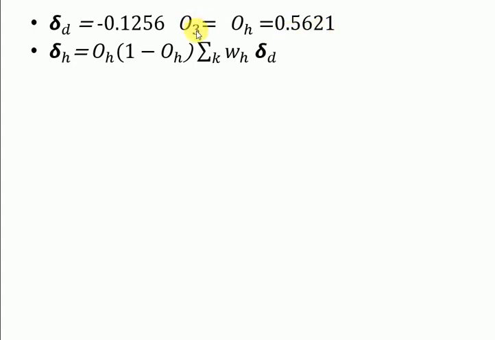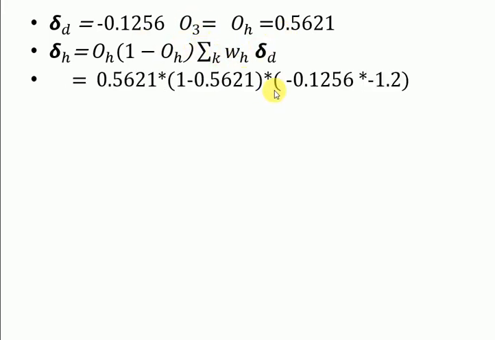That is exactly the 3 value, 0.5621, and delta H equals OH into 1 minus OH into sigma WH into delta d. This delta d is the same delta d, and WH is the weight between the network.